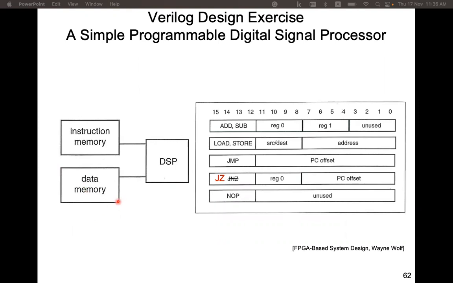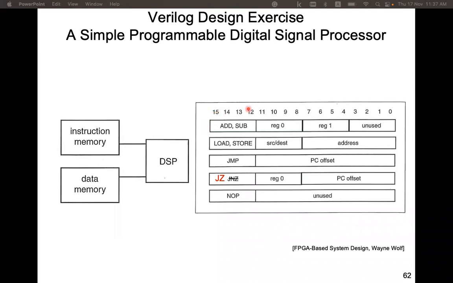This processor is a simple computer with separate instruction memory and data memory. This computer architecture is called Harvard architecture. Our DSP, our processor, uses 16-bit words for both instruction and data.